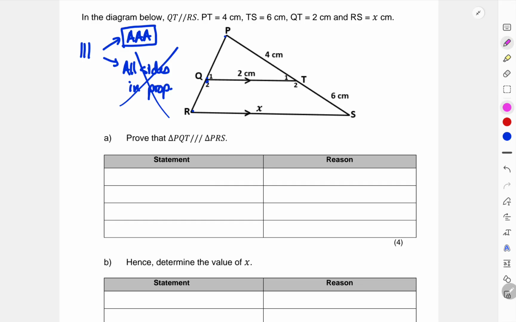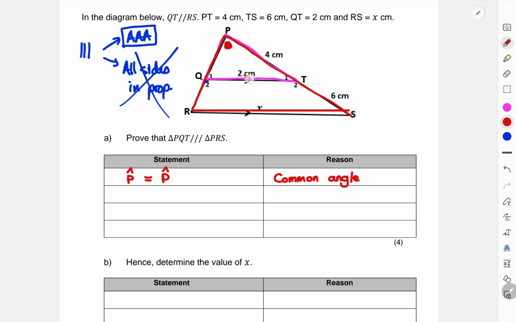So now they say to you, prove that PQT, this triangle, is similar to PRS, like that. Okay, now the very first one, can you see that they are sharing a common angle? So angle P is equal to angle P because it's a common angle. If you write a shared angle, I'm sure that's also fine.